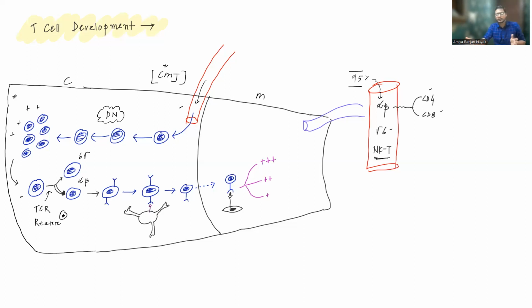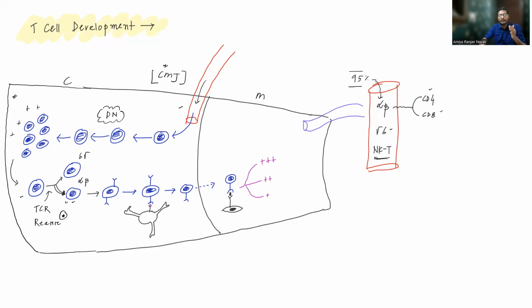Now let us focus on T cell development. There will be T cell receptor rearrangement that will produce alpha beta types of T lymphocytes and also gamma delta types of T lymphocytes. Because of the rearrangement, these T cells will have different types of alpha beta T cell receptors, because these receptors are going to interact with the antigens which are presented by the MHC molecules.